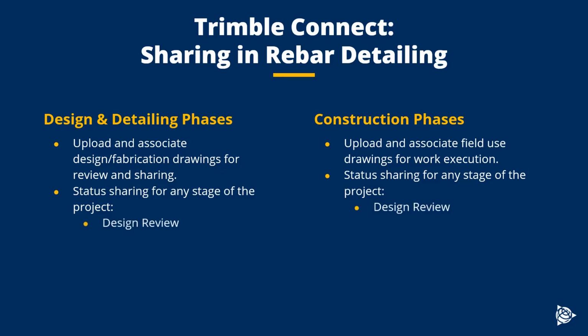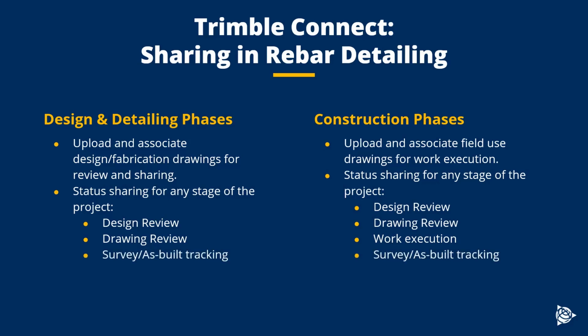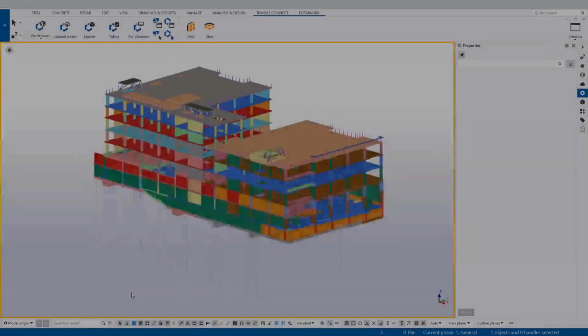But we also have an extension within Tekla Structures that's going to help expedite that process for us. So after the review process has gone through inside of the rebar detailing phase and we do create our fabrication drawings, we can then go ahead and perform the task of associating them with our objects in our Trimble Connect project. So let's briefly take a look at how that happens.